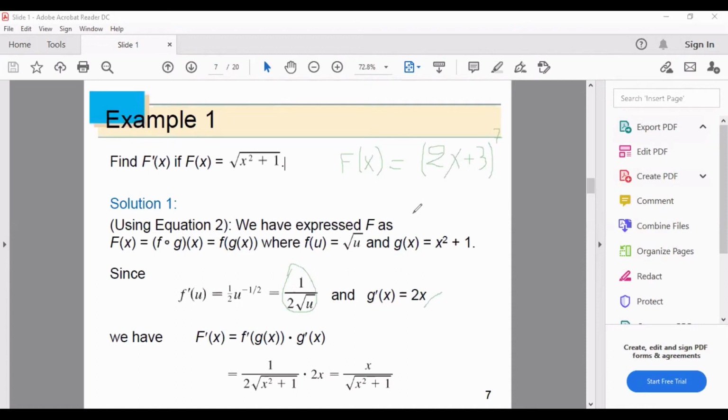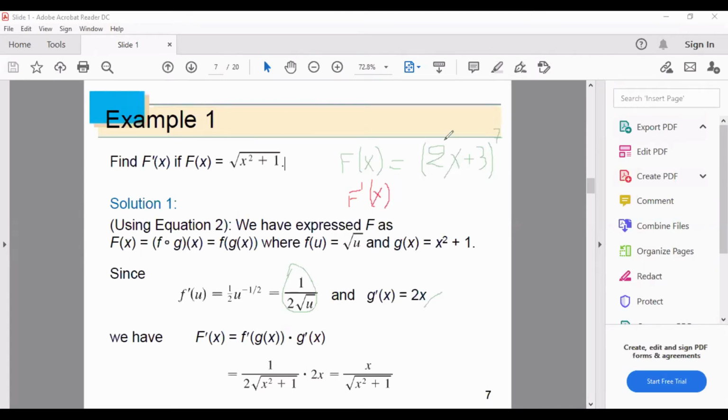Could you evaluate its derivative? Before evaluating its derivative, which one is the inside function and which one is the outside function?